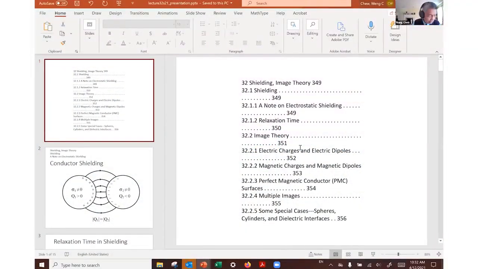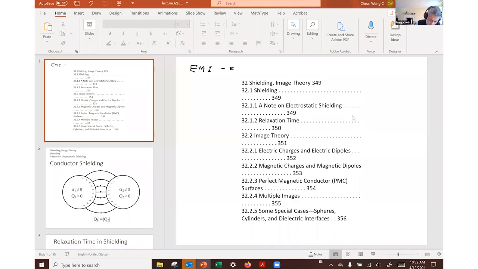Today I'm going to talk about shielding and image theory. It's an interesting topic because you need to understand this kind of shielding and image theory for many different applications, especially in the field called EMI and EMC.